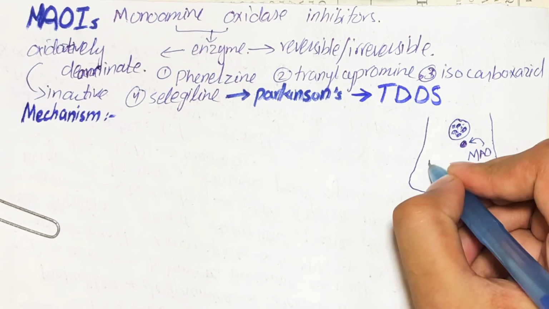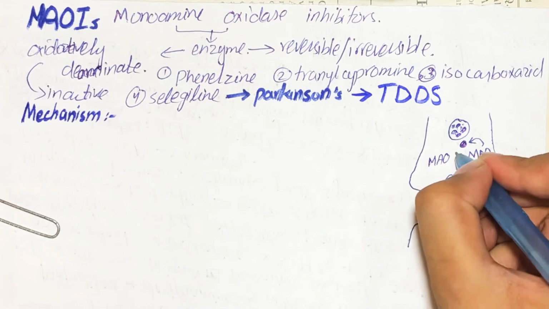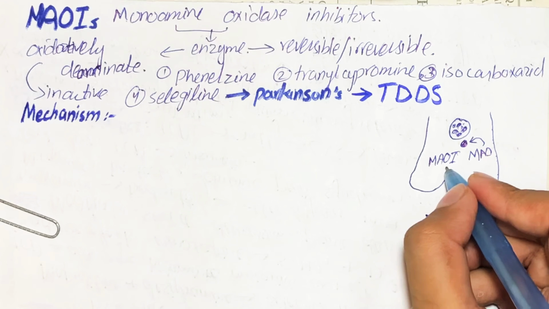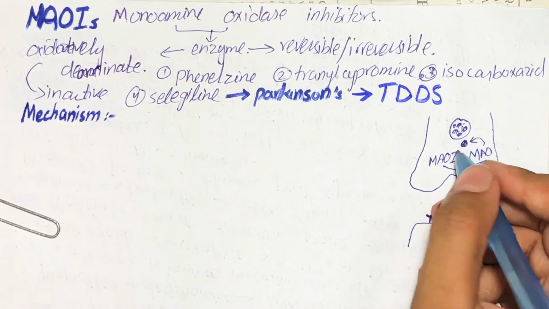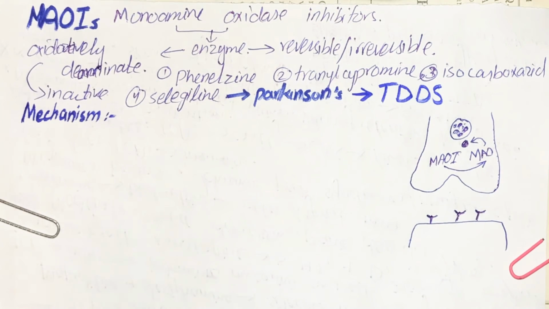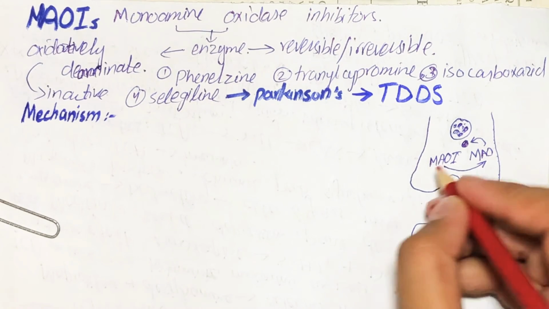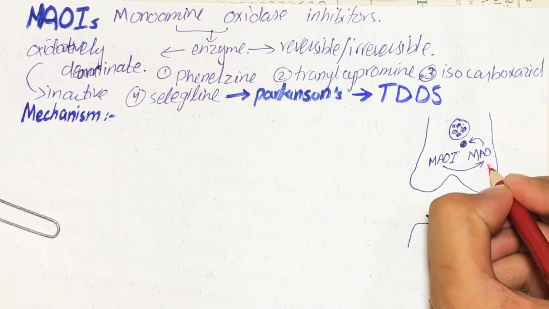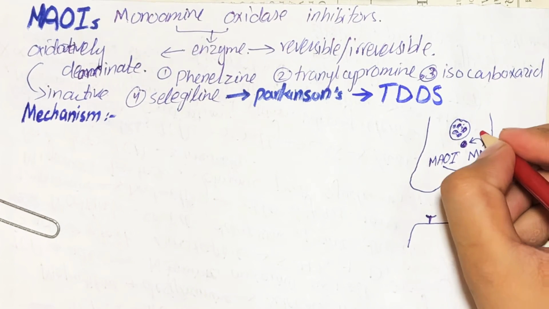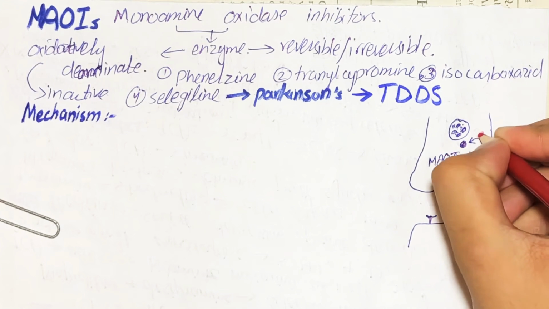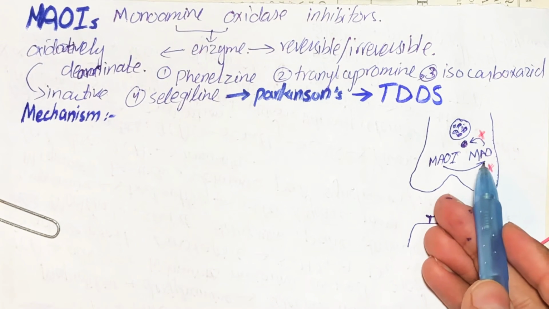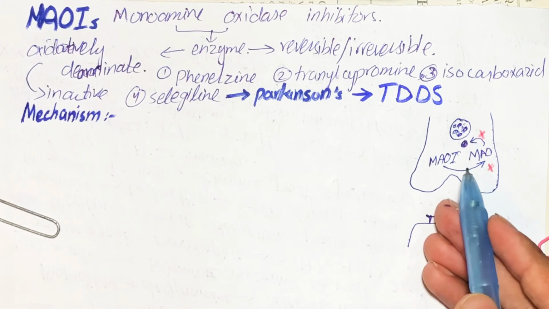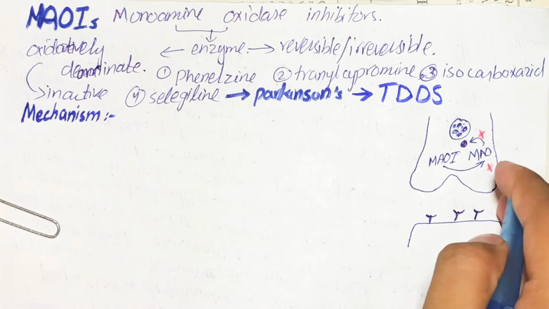But when there is presence of MAOI, it inhibits this enzyme which is actually degrading this. So in turn, what will happen? When there is inhibition of this enzyme, there will be no more degradation of the neurotransmitter which is being leaked from the synaptic vesicle into the cytoplasm of the neuron.